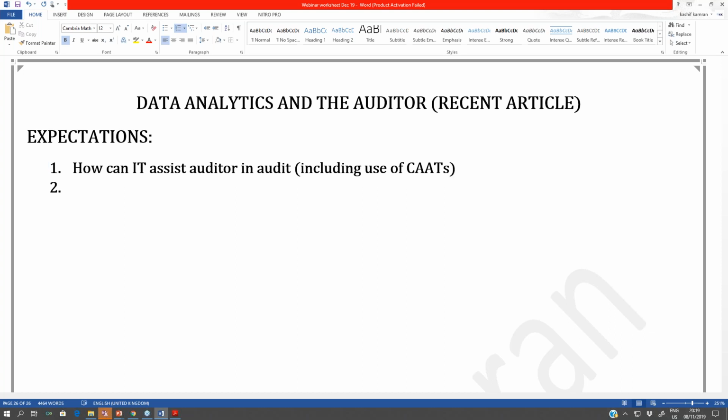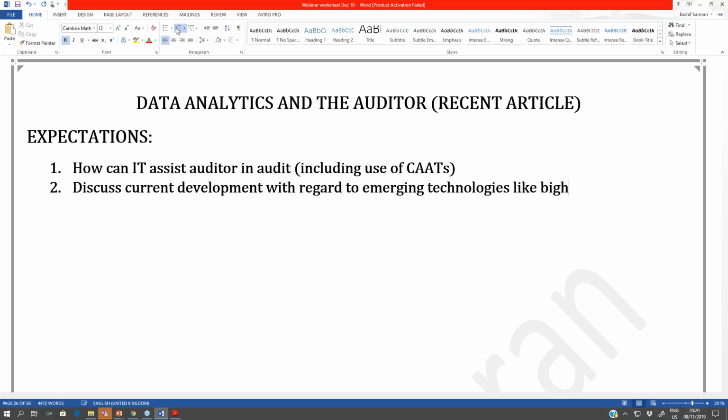Number two, discuss current developments with regard to emerging technologies like big data and data analytics, and their impact on audit and its quality.